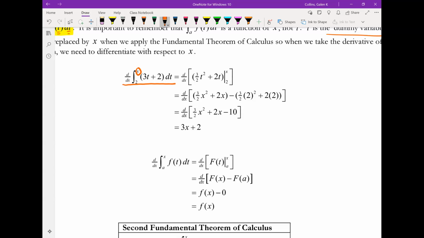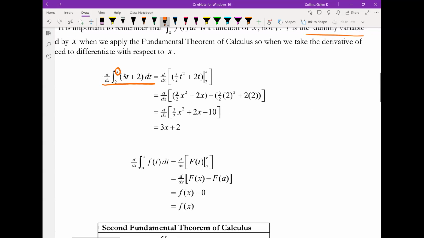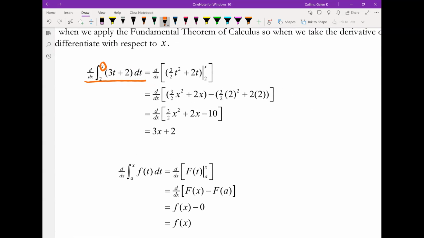So I can see that I've got this function 3t plus 2, and I'm going to integrate it. My variable of integration is x, but then I'm going to take the derivative. This looks like a lot of work, but hopefully the result won't be surprising. So instead of writing this all out, let's just follow through.